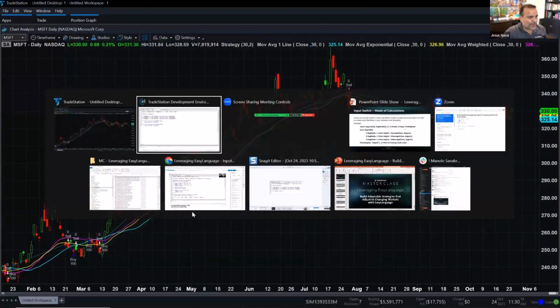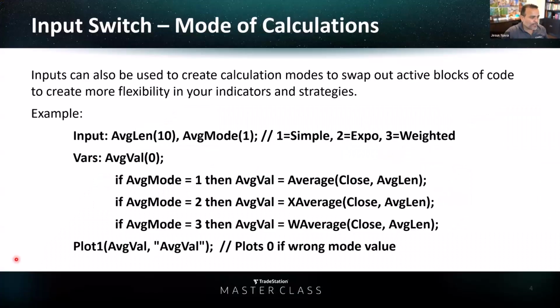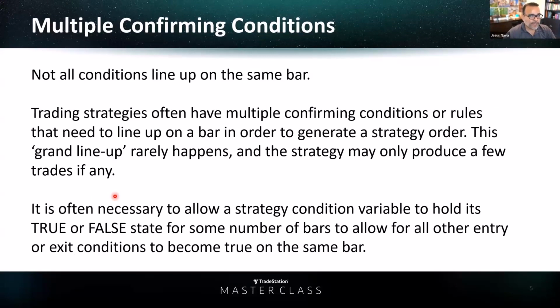Let me go back to my PowerPoint: multiple confirming conditions. Not all conditions line up on the same bar, meaning that if you're looking for a moving average crossover, but at the same time you're looking for a stochastics crossover and you want those to be bullish, it's really difficult to align the signal on the same bar.